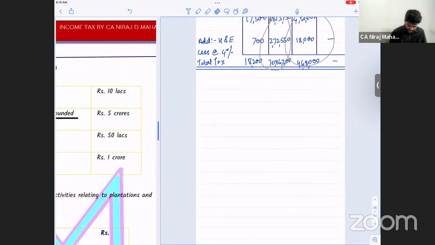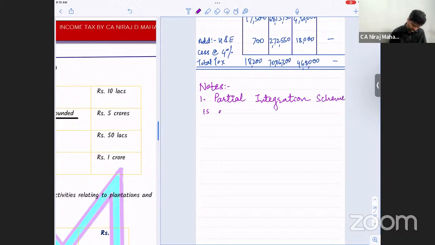Some notes I want to write down. PIS, partial integration scheme, is applicable in first 3 cases since what all conditions?